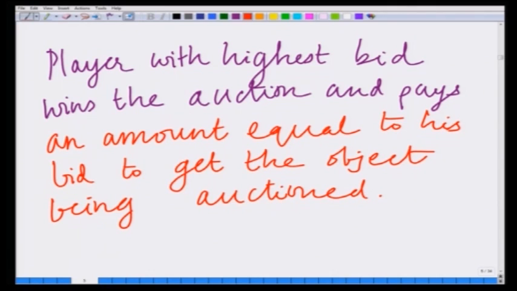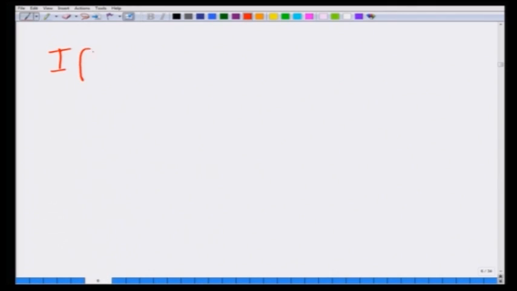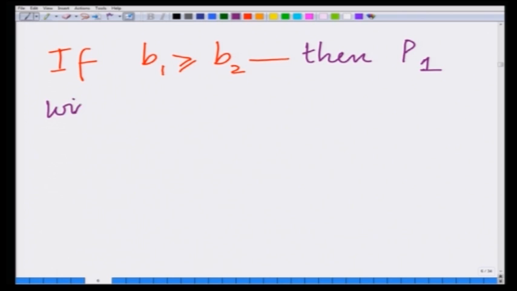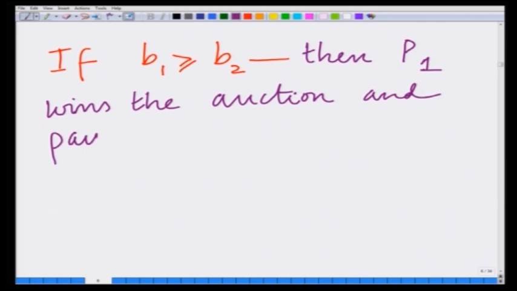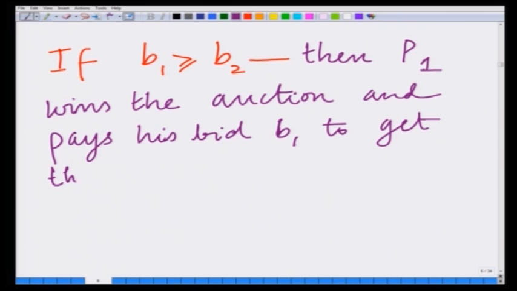For instance, let us take an example. If B1 is greater than or equal to B2, that is, the bid of player 1 is greater than or equal to the bid B2 of player 2, then player 1 wins the auction and pays his bid, which is B1, to get the object.